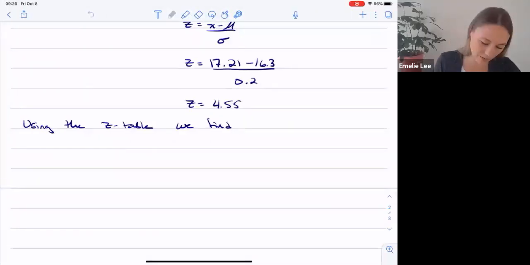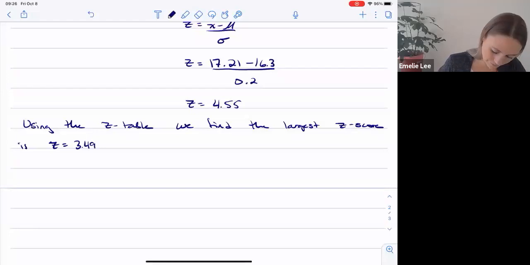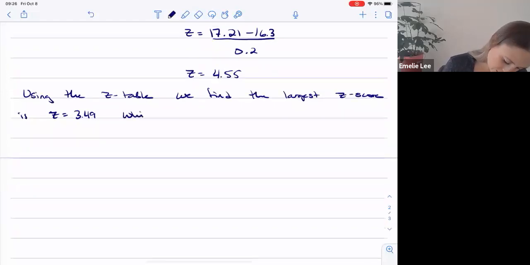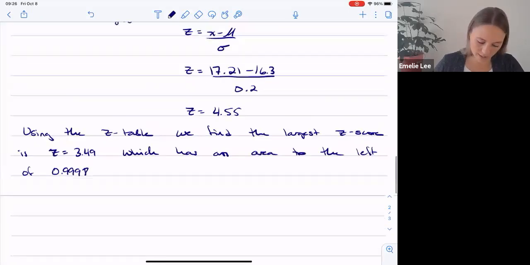So using the Z table, we find the largest Z score is Z equal to 3.49, which has an area to the left of 0.9998.